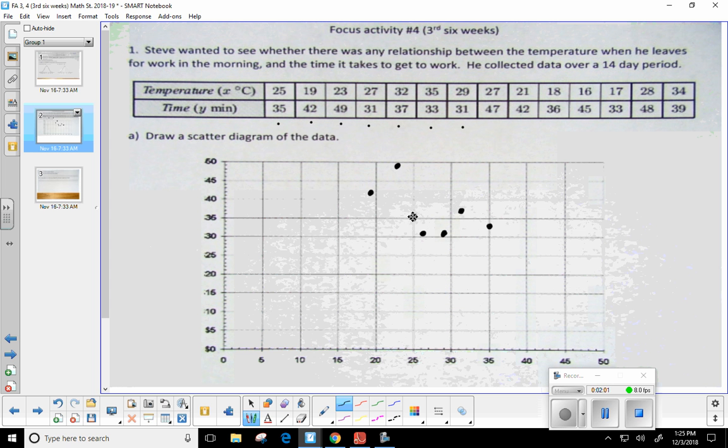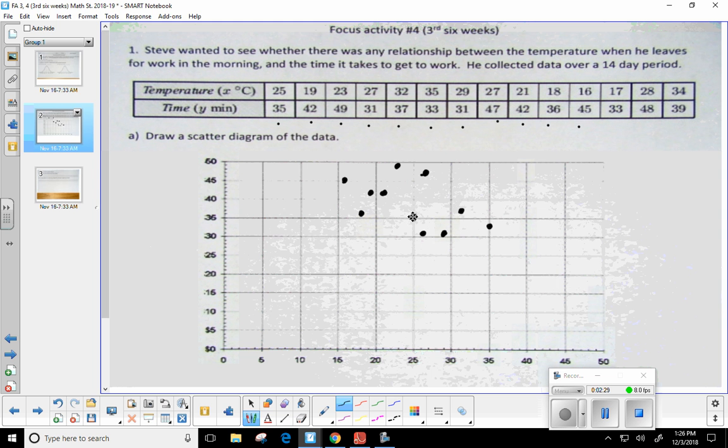Okay, we're at the thrilling plotting points portion of the lesson today. So 27, 47. Let's say right about right here. 21, 42. So maybe right here. Then we've got 18, 36. Getting so close. 16, 45.